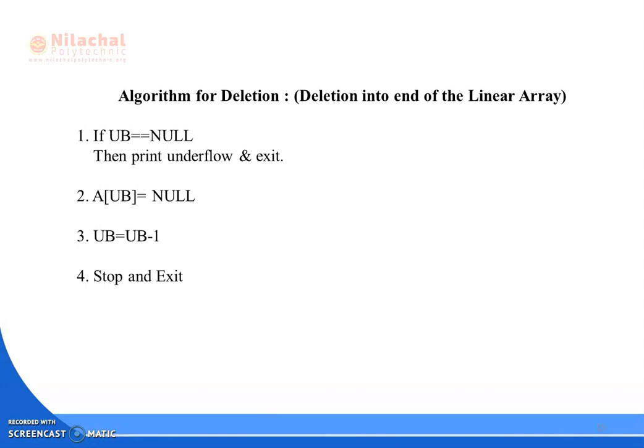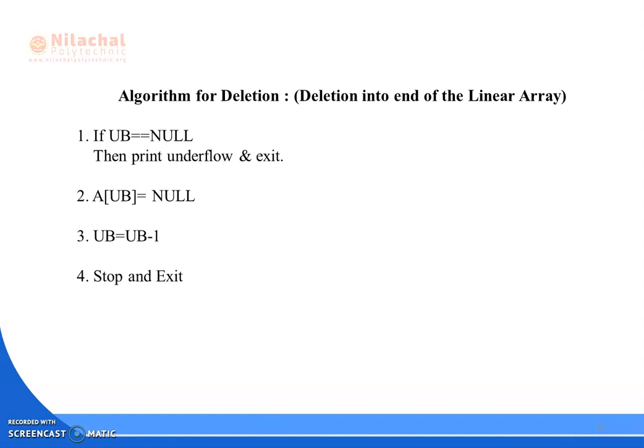The algorithm: when we are going to delete any element, either at the end of the linear array, at the beginning, or at any given position, basically what we have to do, as in the insertion operation, when we were checking whether the linear array has some space to insert any element, we were checking whether the upper bound is equal to max minus 1.